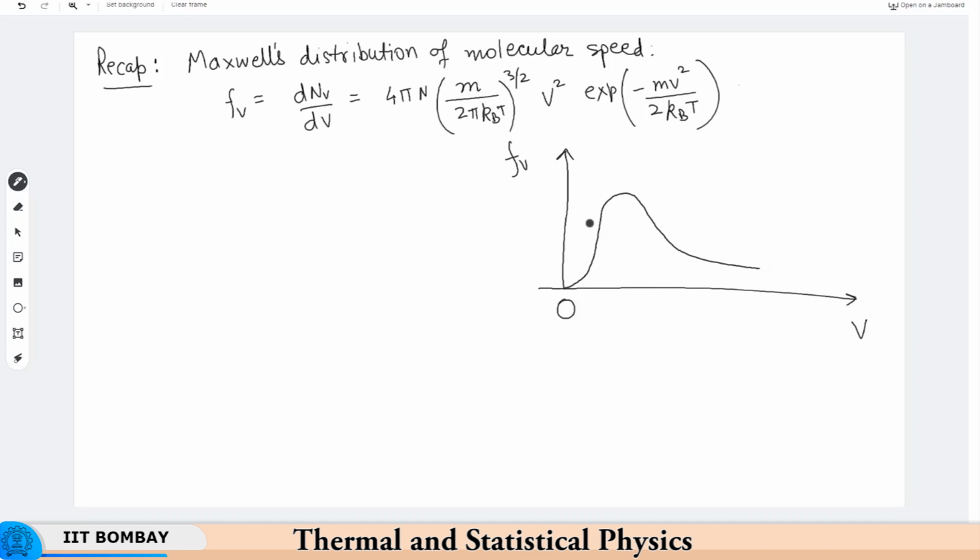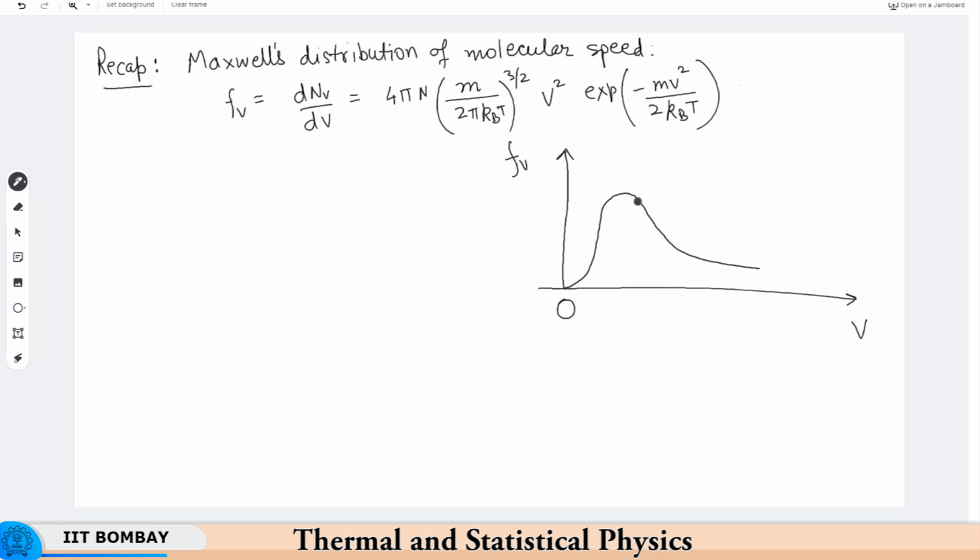And also, like we saw, it is telling us how many molecules are moving with speed v in a window of dv, right. So, if I take dv to the right hand side, this gives me the number of molecules that are moving between speed v and v plus dv.